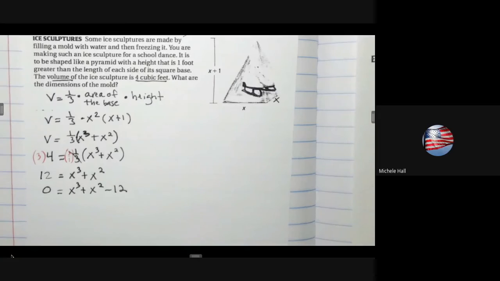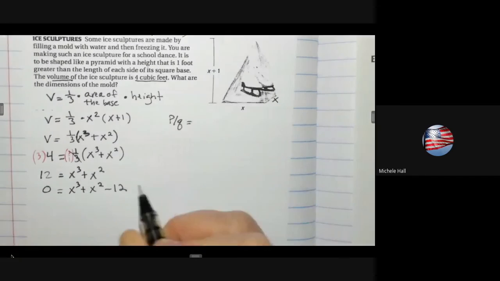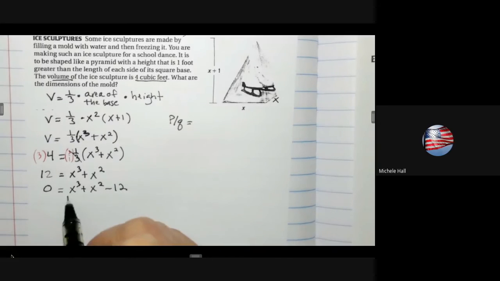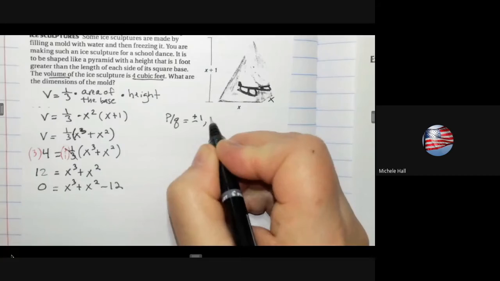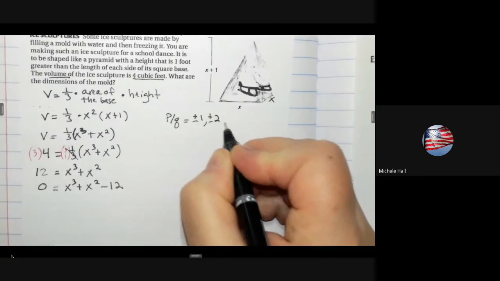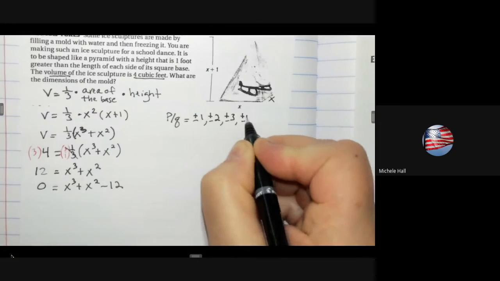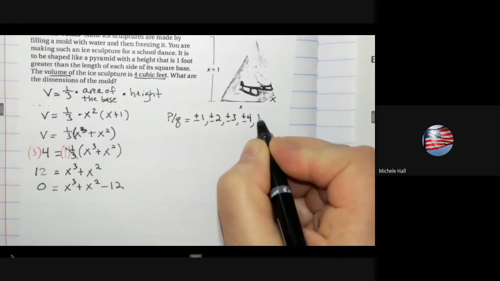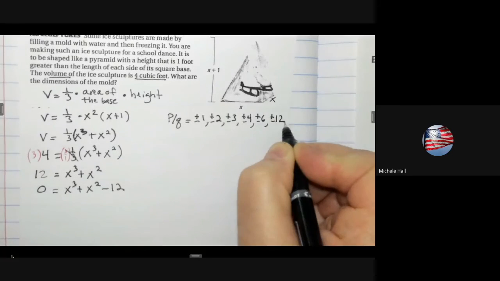And now we are ready to start our synthetic division. We have our possible P over Q is going to be factors of 12 over 1. So that's just going to be plus or minus 1, plus or minus 2, plus or minus 3, plus or minus 4, plus or minus 6, and plus or minus 12.